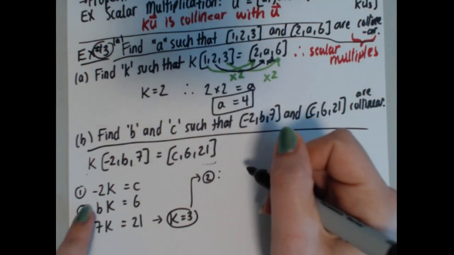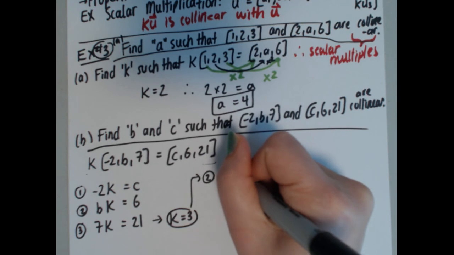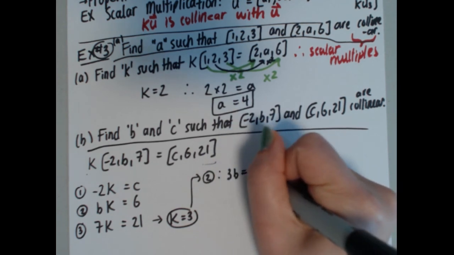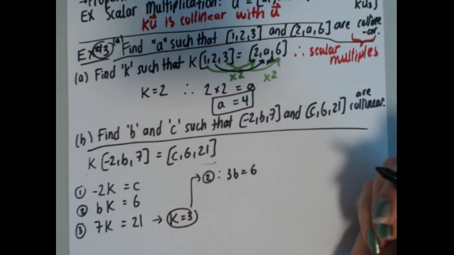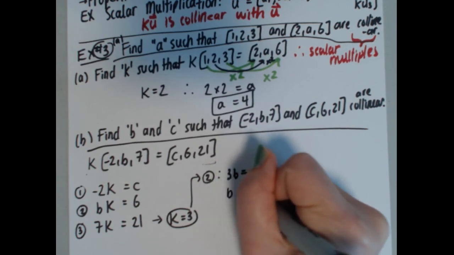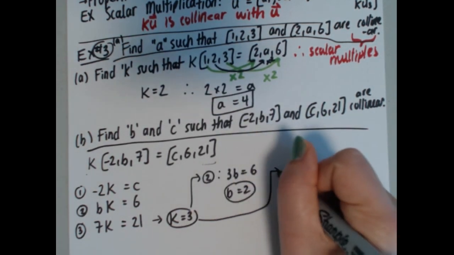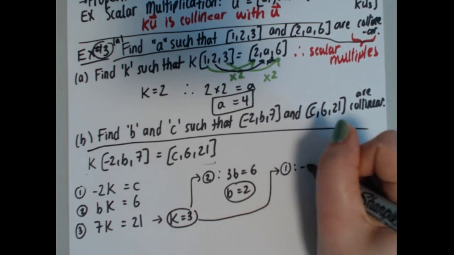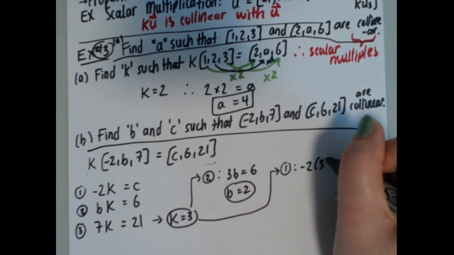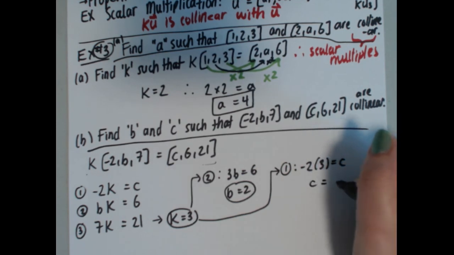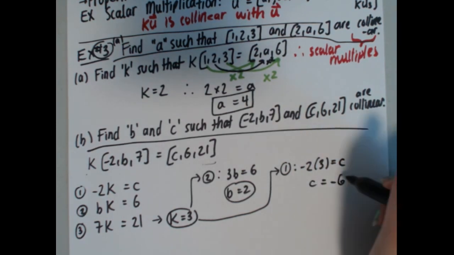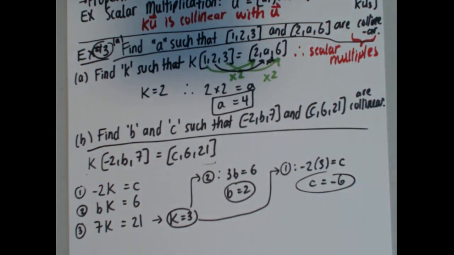Equation 2 is b times k is equal to 6. So that means 3 times b is equal to 6. So what is b? b must be 2. And now to find c, we're going to plug this into equation 1. -2 times k, or -2 times 3, is equal to c. So therefore c is equal to -6. So there you go. b is 2, c is -6.